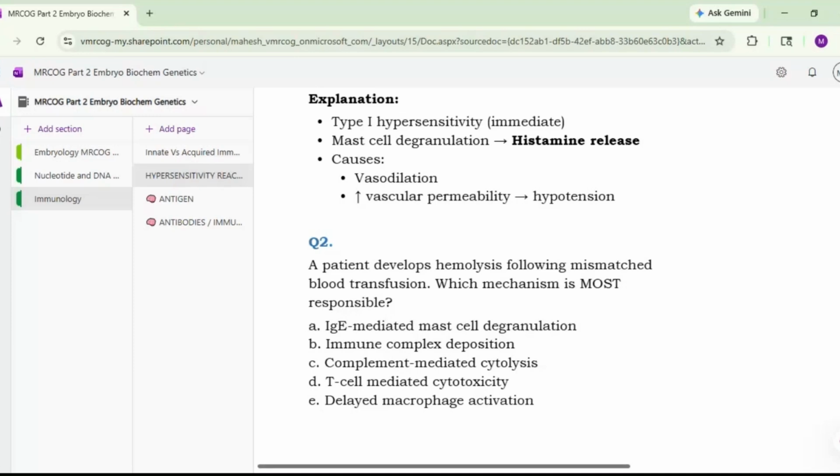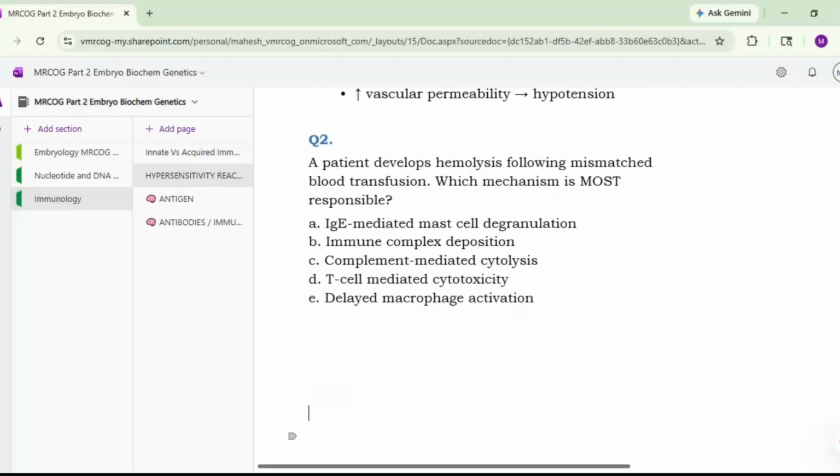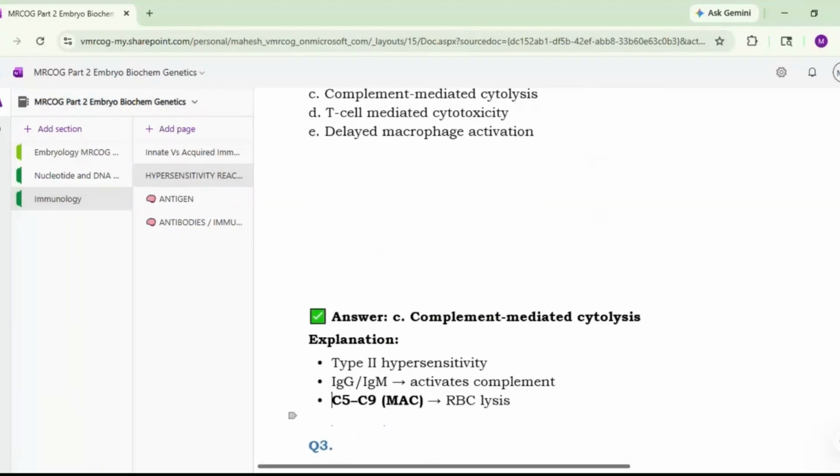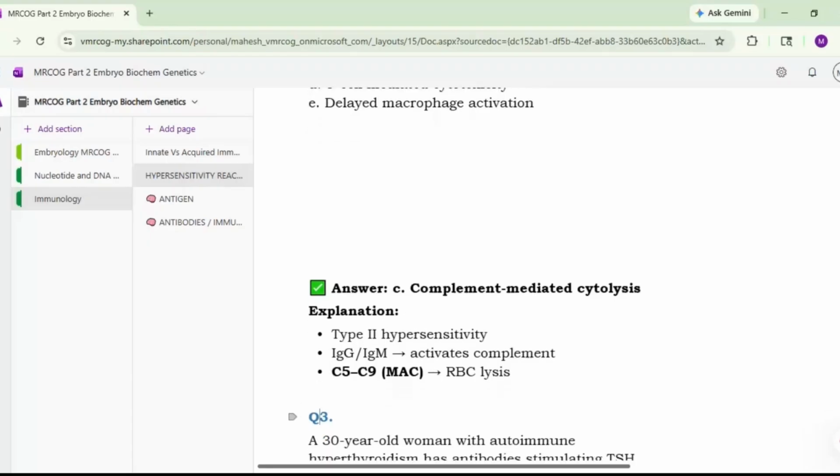Sir, hemolysis will be type 2. It will be complement mediated cytolysis. Yes, here it should be complement mediated cytolysis. Type 2 hypersensitivity reaction, IgG, IgM activates complement. C5 to C9 are the MAC. That causes RBC lysis.